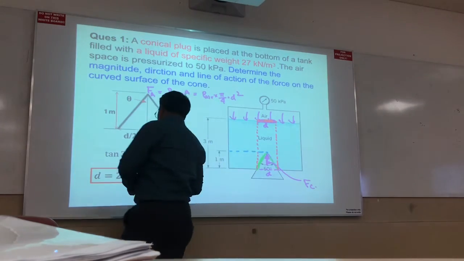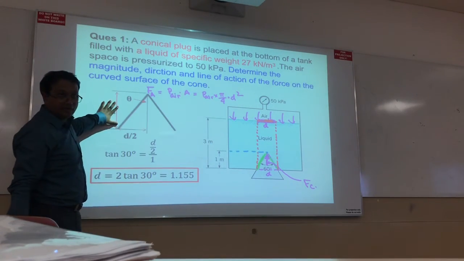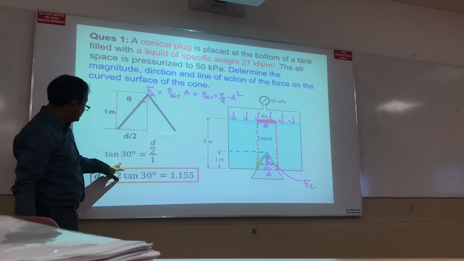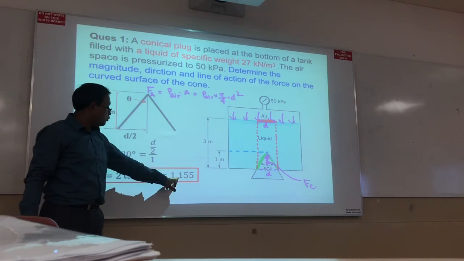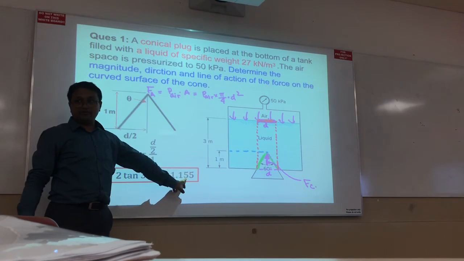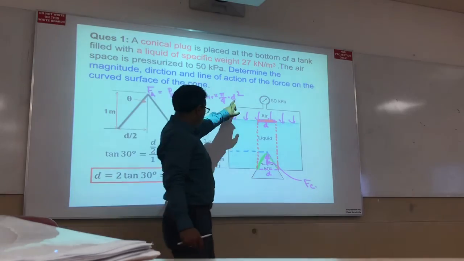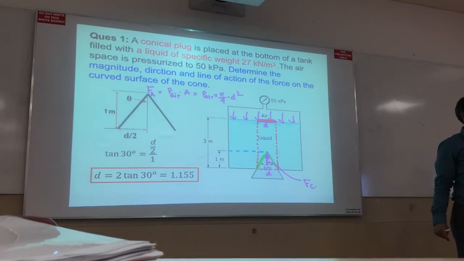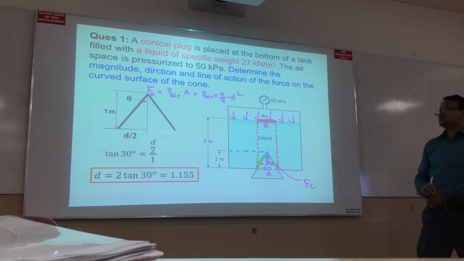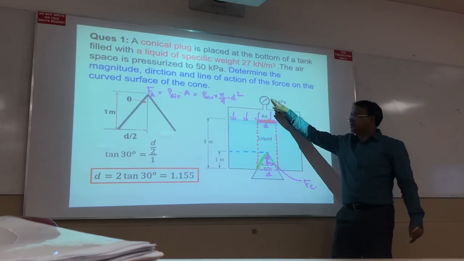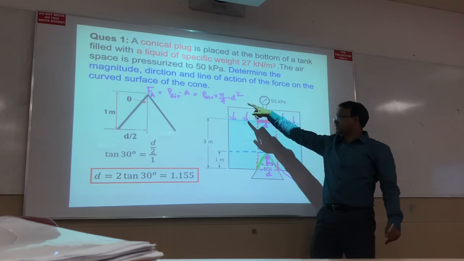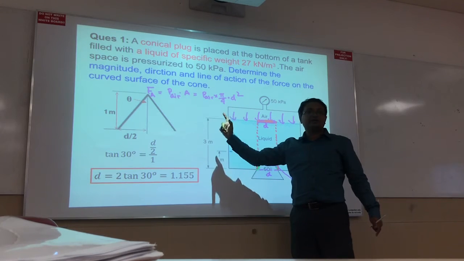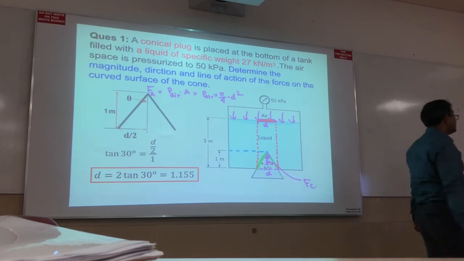Tan 30 is equivalent to d by 2 divided by 1, right? This divided by this. Then I can find the value of d, which is 1.155. Then I substitute the value here and I can find FA, right? Because air pressure is 50 kilopascal. 50 kilopascal times pi by 4 times 1.155 square, I can get the number, which is air pressure.